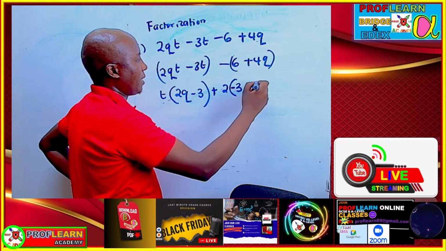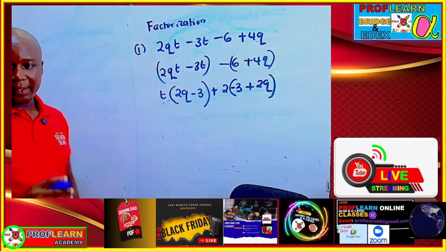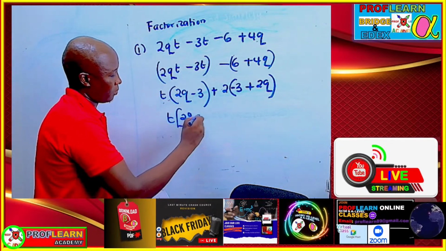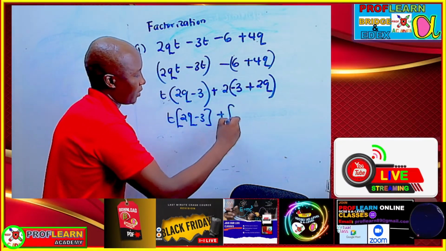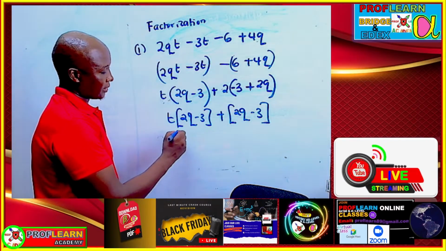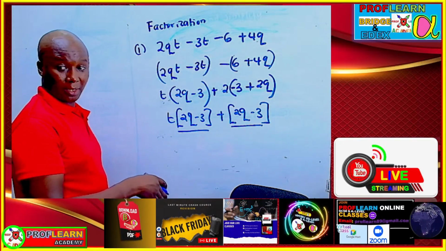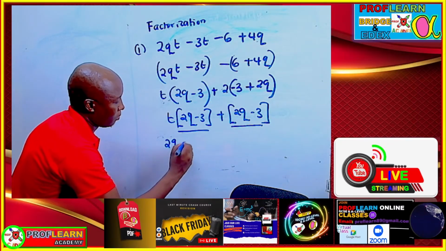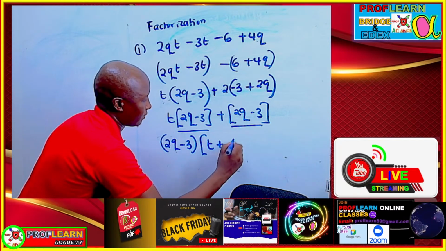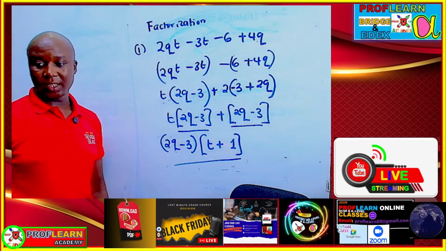Yeah, so I think now it will be better, because you can see we have t into bracket 2q minus 3 plus 2 into bracket 2q minus 3. So it's so nice that these are common, meaning we can factor them out. So we shall factor 2q minus 3 into bracket t plus 2. Finally, this is the fully factorized expression.